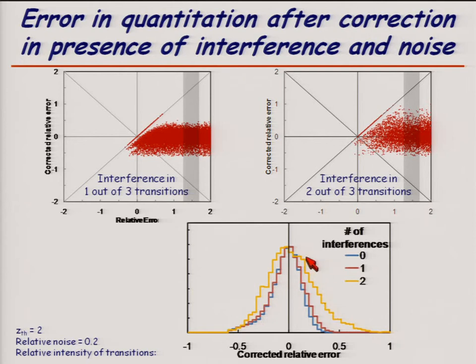We can do some correction even in that case, but we do get a quite wide error distribution. And probably in this case it's better just to reject the data completely and say that if we don't have at least 2 transitions that agree and don't have interference, then one should probably just throw away the whole measurement.